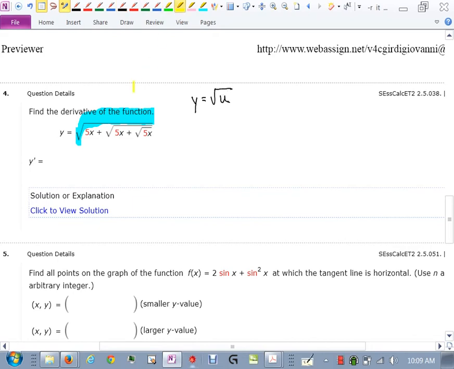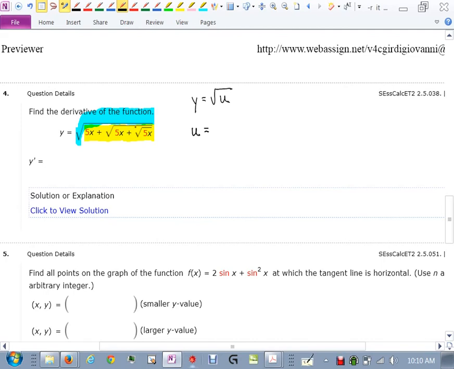Now everything in there is this, right? So what can I say about u? Well, u is equal to 5x plus the square root of something again.